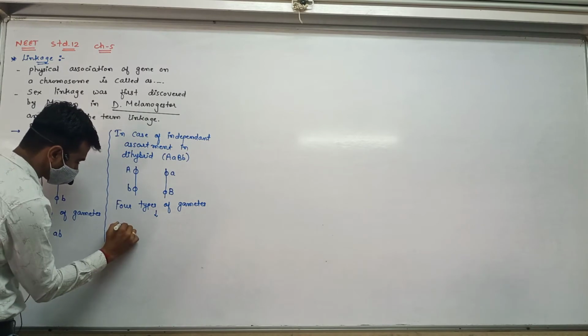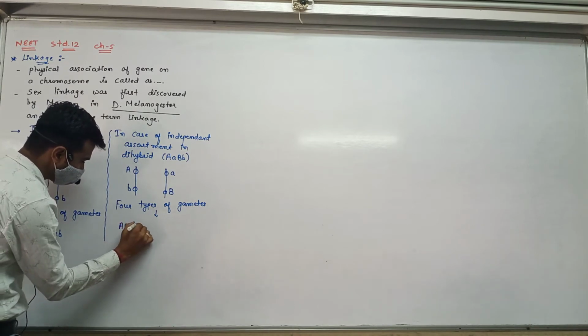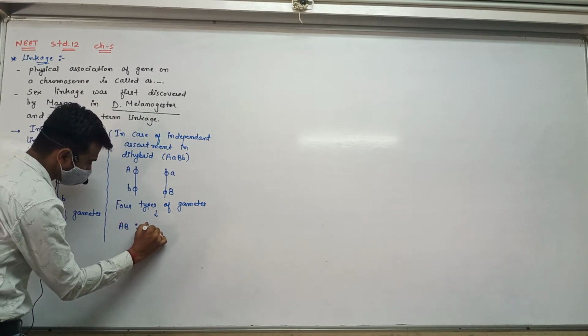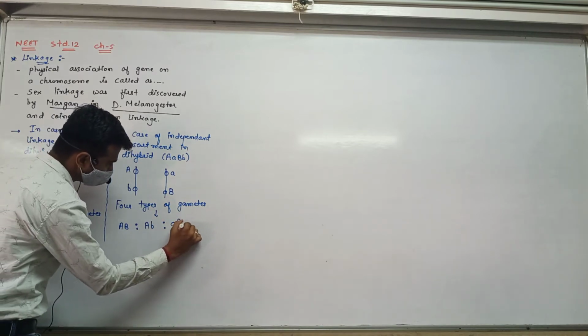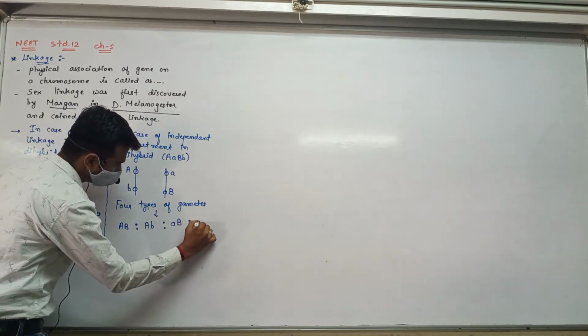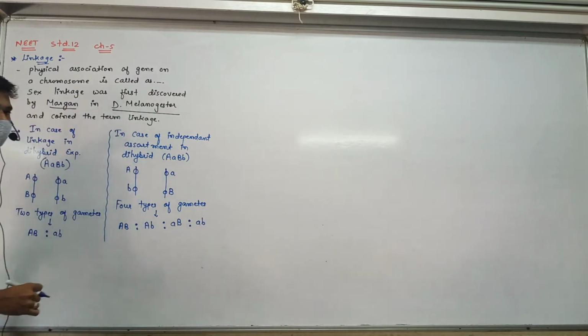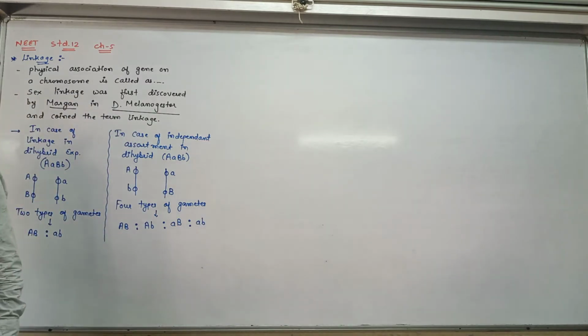Which are they? Capital A, capital B, capital A, small b, small a, capital B, small a, small b. And you know that in dihybrid experiment, the recombinant characters are due to independent assortment. New characters are there.